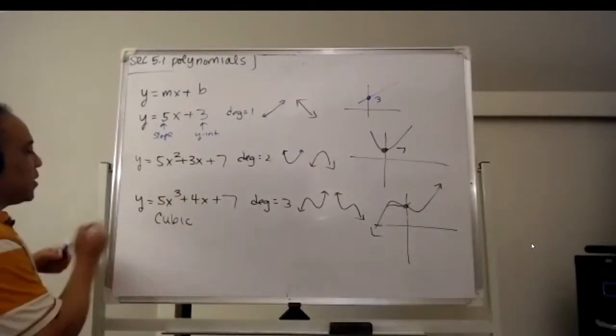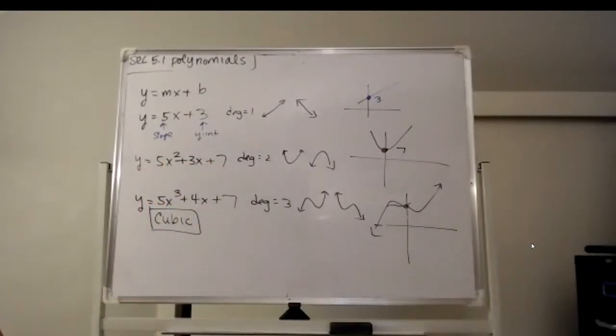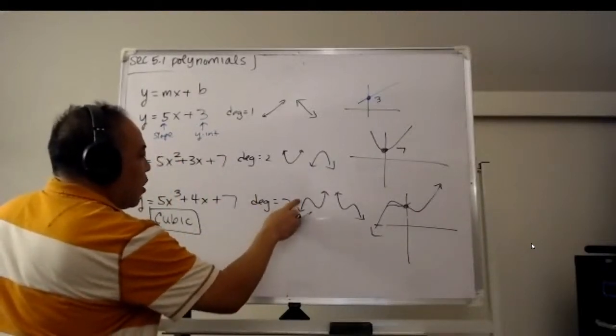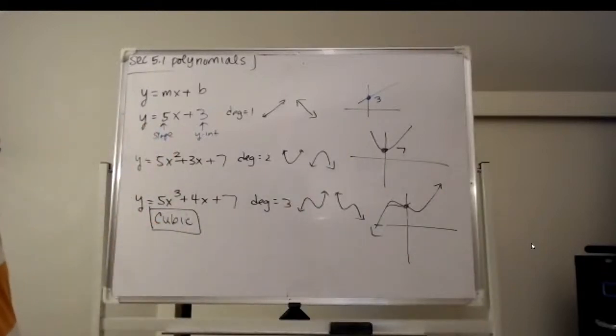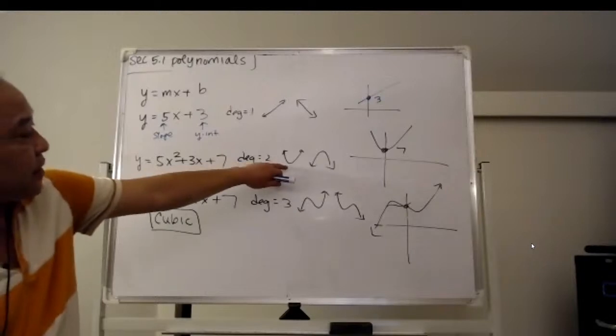Now, remember the word cubic. The cubic changes direction twice, meaning that if I use a cubic, if I'm going up, it eventually goes down. Now, we try not to use cubics for prediction. We try to use parabolas.